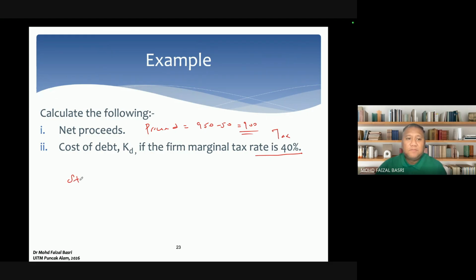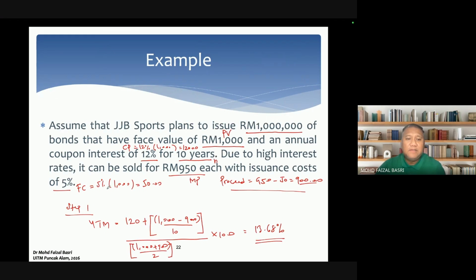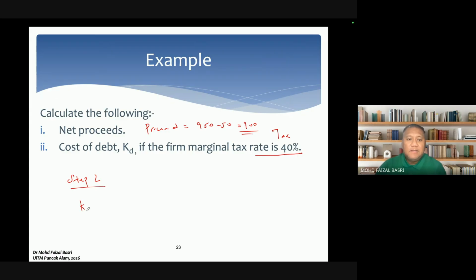So, step 2, a continuation from step 1, is to find the KD, cost of debt. Our YTM is 13.68%, and we multiply it by 1 minus T, and our T is 40%. So 1 minus 40% is actually 60%. 100 minus 40 is 60. So 1 minus 0.4 is 0.6. So 0.6 times 13.68.